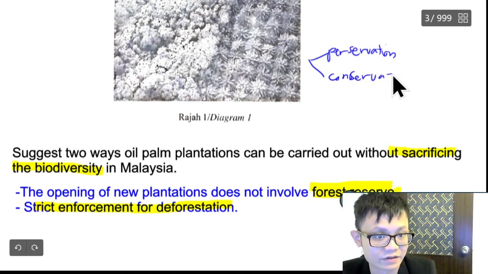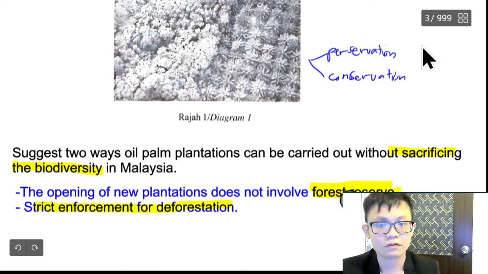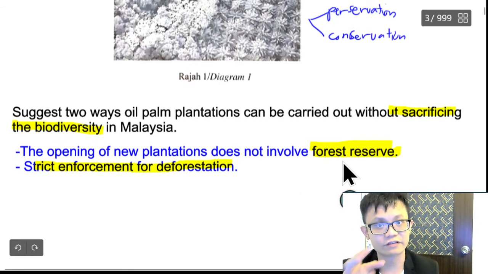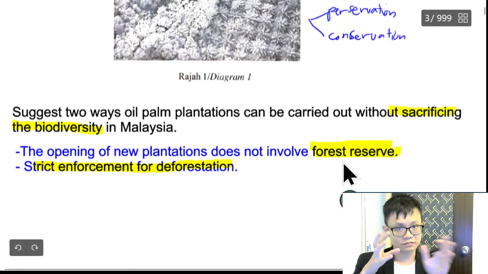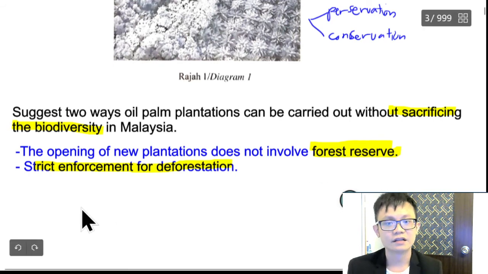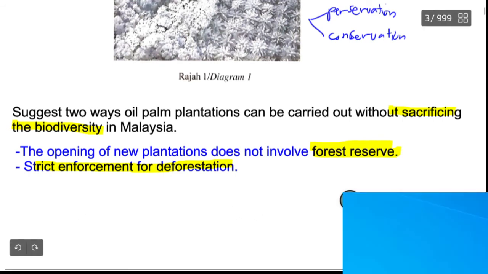Correct or not? Still remember or not? So there's a forest reserve, which means this is planned. A forest reserve, for example, you cannot cut. That one is a special forest. Taman Negara is a special forest. That one you cannot do anything about. And there are some bad guys.